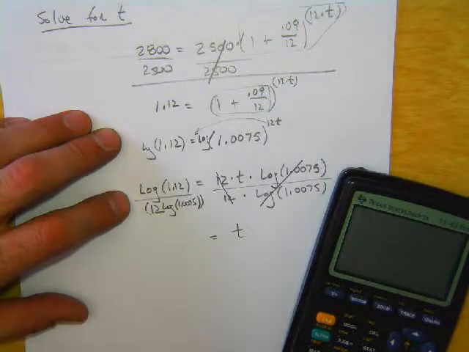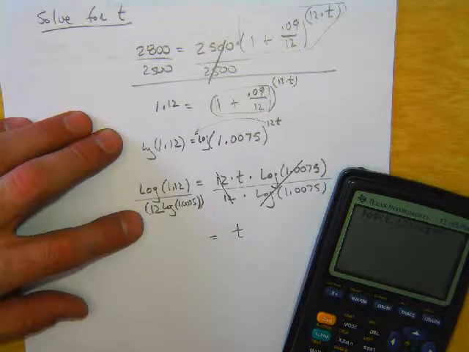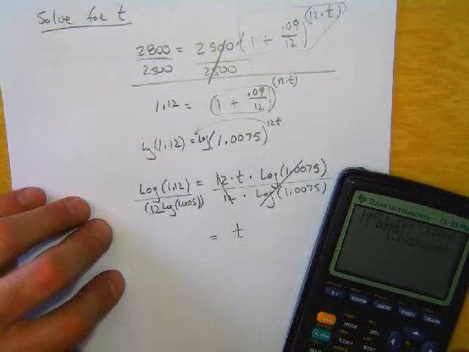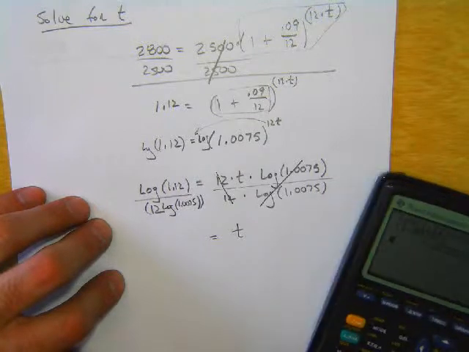The log of 1.12 divided by parentheses 12 log 1.0075 double parentheses, and we'll get the answer 1.26.